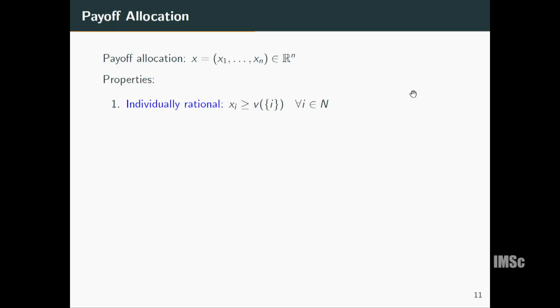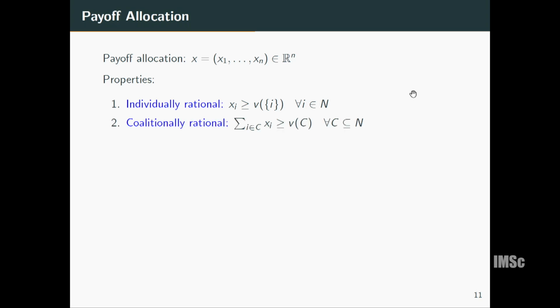So individual rationality should mean: if I am getting, let us say, xi units, then it should be at least better than what I would have got when I worked alone. That means xi should be greater than or equal to vi.